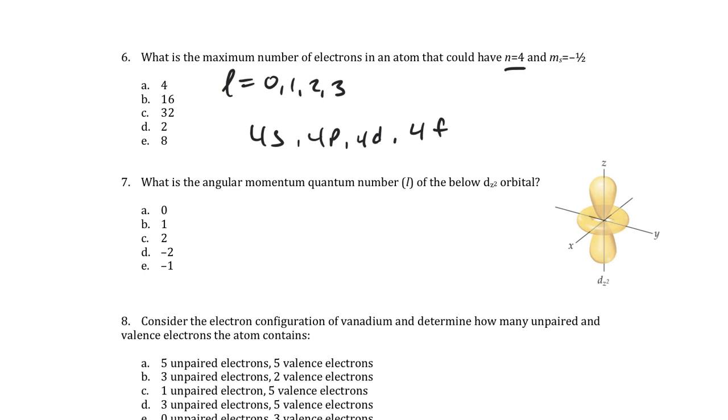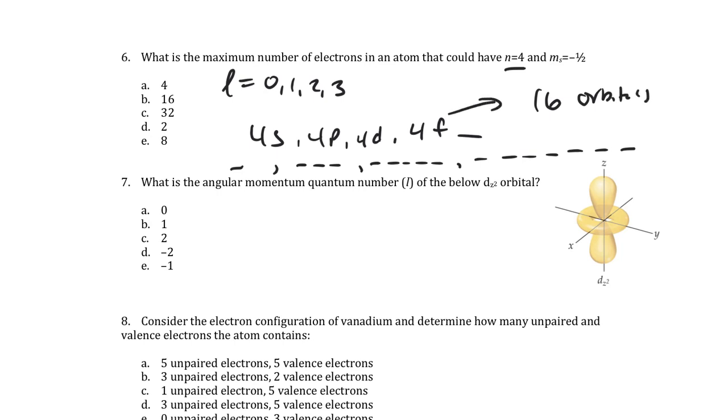If we start thinking about the total number of orbitals, we'd have 1, 3, 5, and then 7. So 1 plus 3 plus 5 is 9, plus 7 is 16 orbitals within the entire n equals 4 shell.